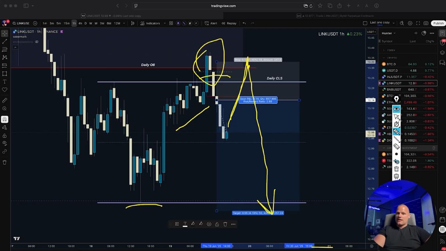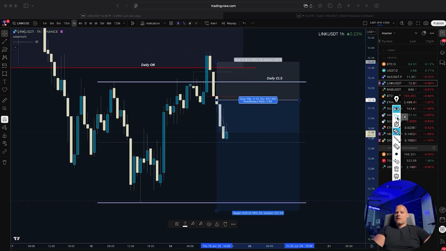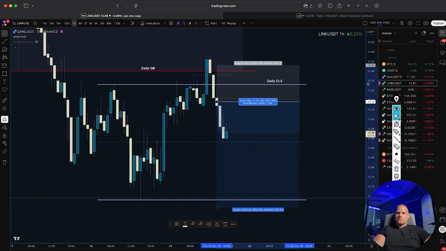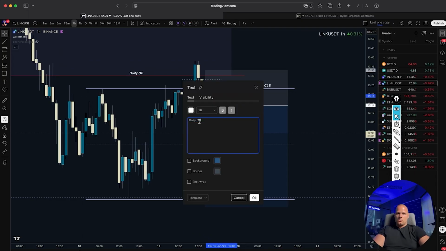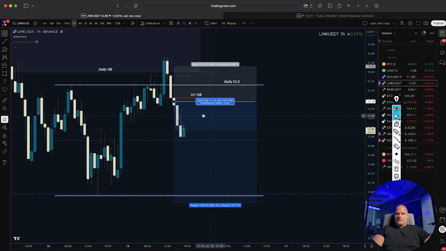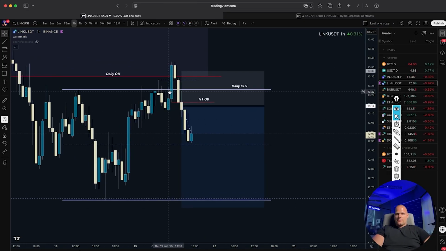So we are actually trying to understand who the participants of the market are right now and what they are doing. So in here is our confirmation, and it's not the daily order block, but the 1 hour order block, and there is where we can enter. And here we have more confirmations.